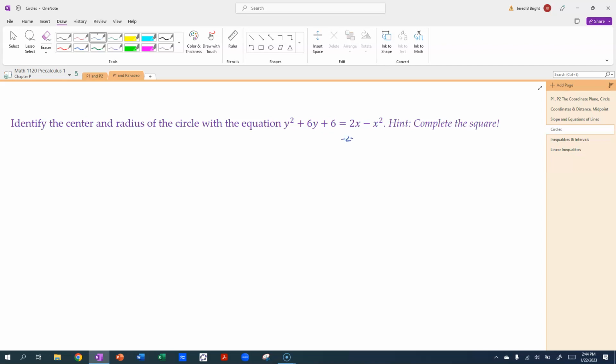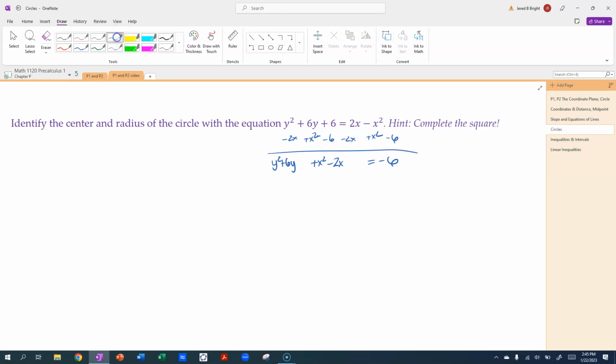So I'm going to subtract 2x, add x squared to both sides, and then subtract 6. After all this is done, on the right side I'll have minus 6. On the left side, I have y squared plus 6y plus x squared minus 2x. Okay, so there is what I have so far.